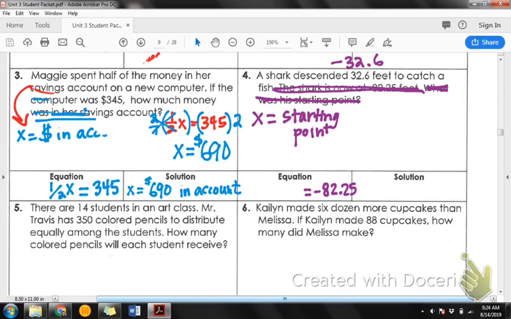So would it make sense that I have to subtract 32.6 from my starting point? Do you take it from your starting point? And what did we say our starting point was? 32? Nope. X, right? So we're going to have our X minus 32.6.